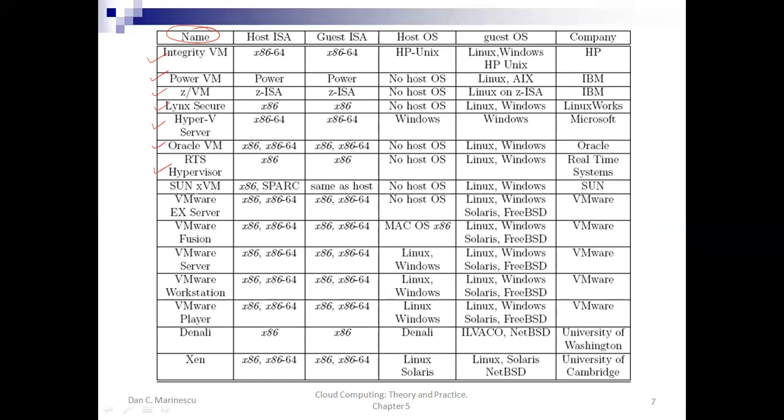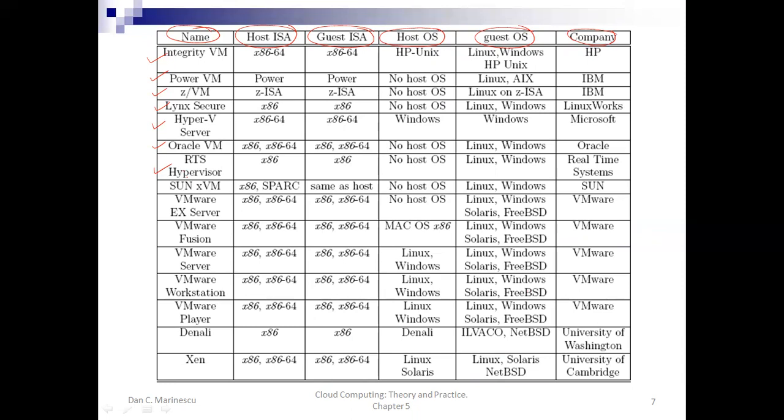We have the host ISA and the guest ISA. And here we have the host operating system as well as the guest operating system. And these are the companies which have these virtual machines.